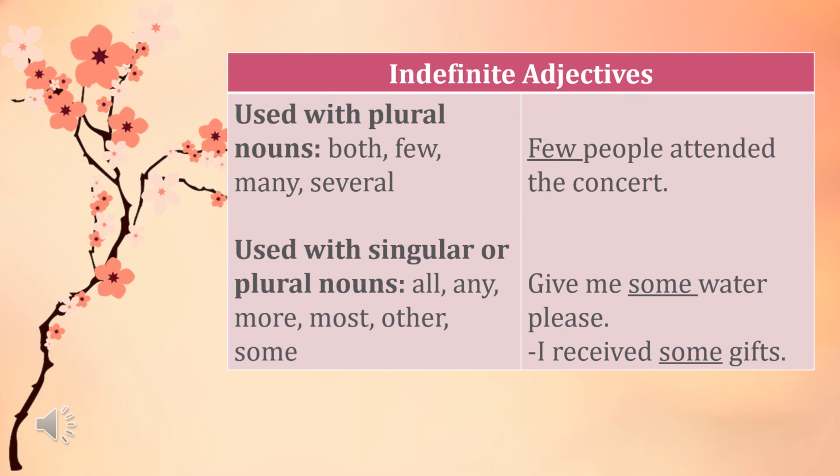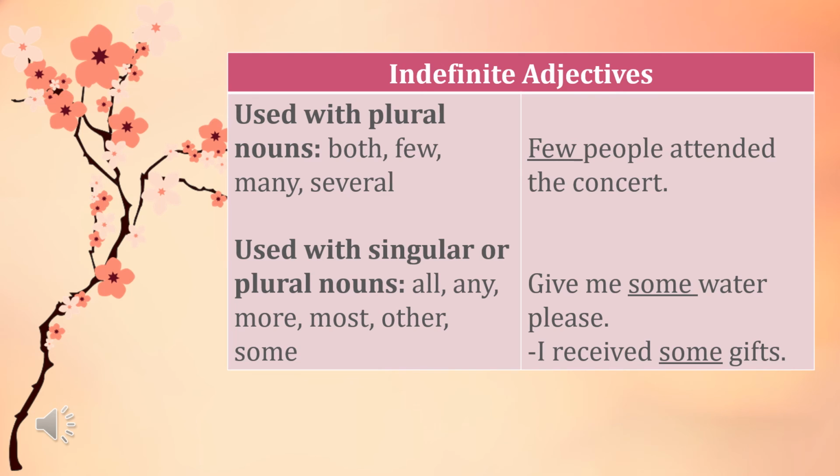Now let's have the sentence, give me some water, please. In this sentence, our indefinite pronoun is some. And here, the indefinite pronoun some functions as an adjective because it modifies or describes the word water. Okay?